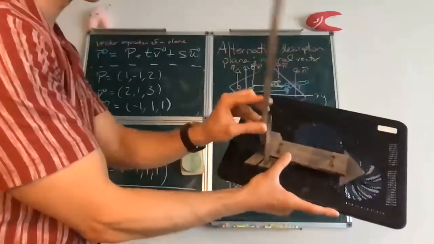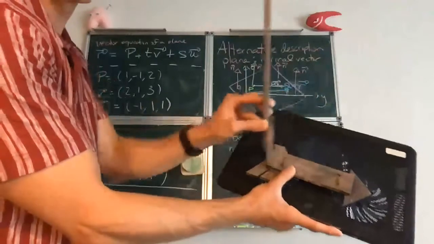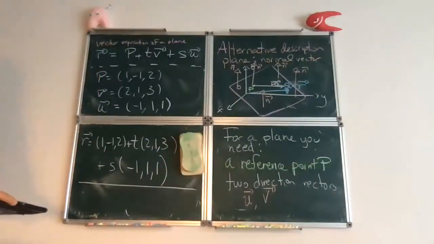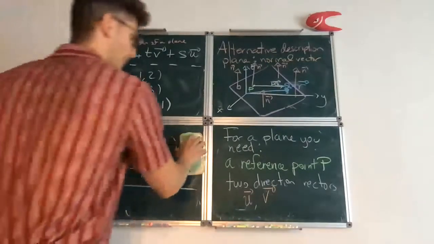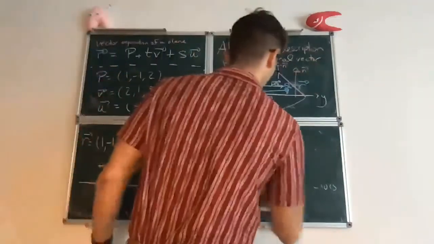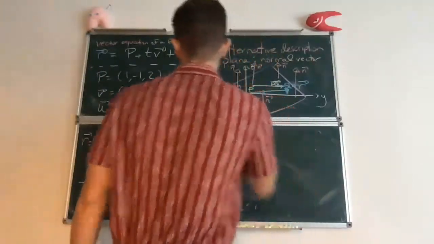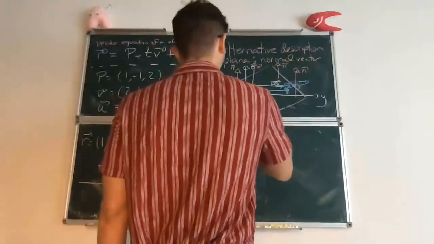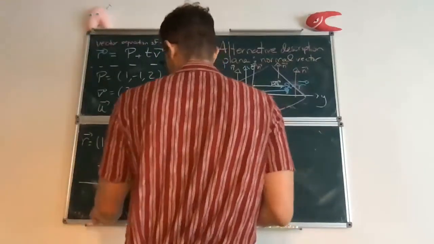So in particular, it will be perpendicular to this specific one that I drew on the board. And so the normal vector n has a property, it's almost by definition that it has this property.